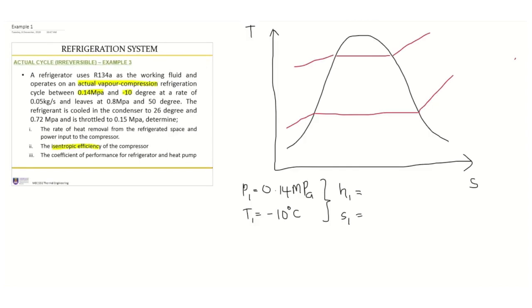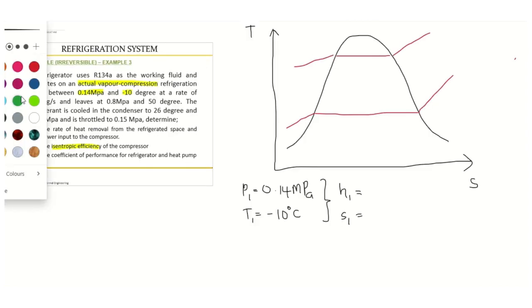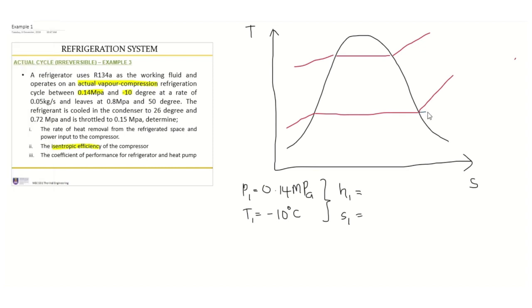So meaning at the saturation line, this one should be negative 18.77. But here it is negative 10. So with negative 10, basically you have what we call a temperature rise.